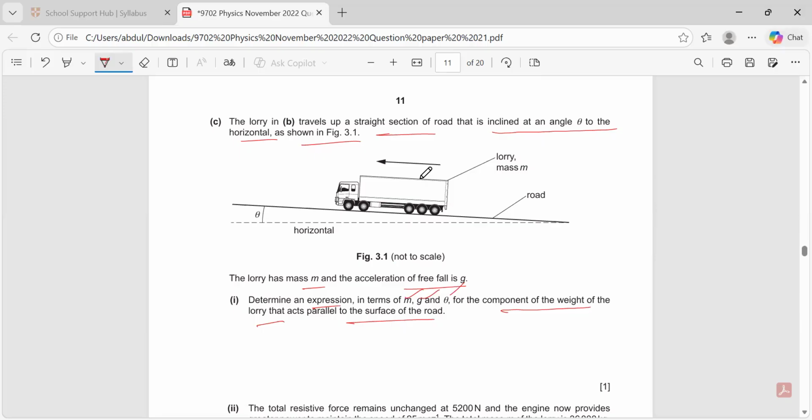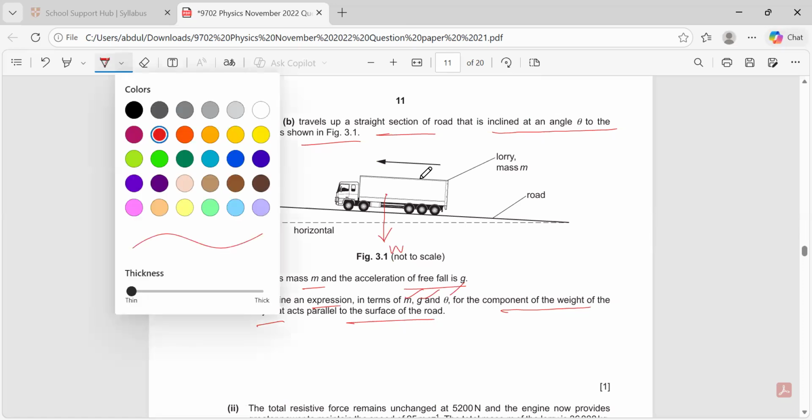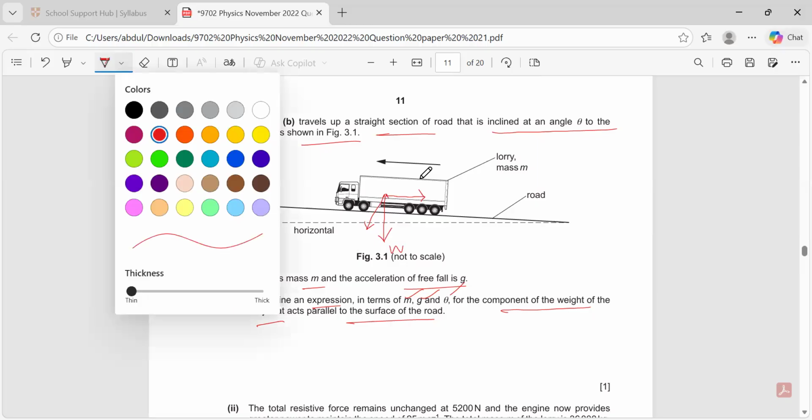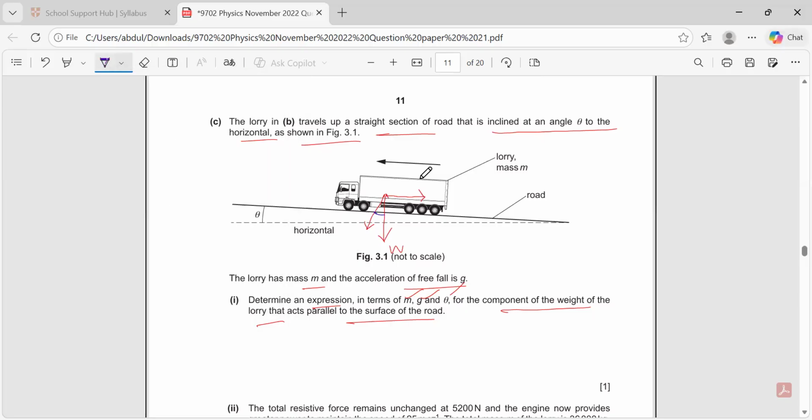Now see, if I'm going to calculate the weight of the lorry. So weight of the lorry is downward, my dear sons. And then there are two components more. One will be perpendicular to the surface, and one will be along the track. And you know, many times we discussed this, my dear friends, so you should be very quick. No need to think long. See, this is theta.